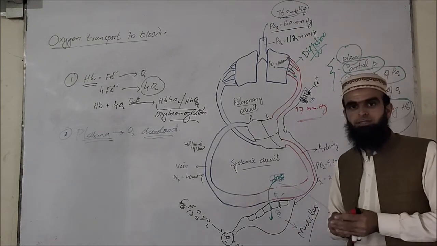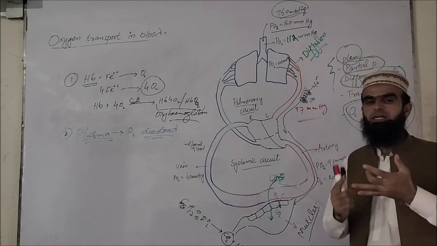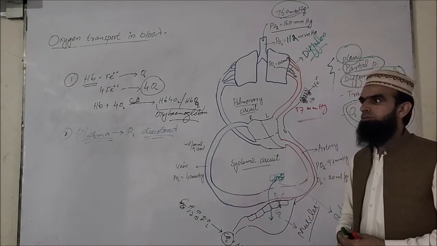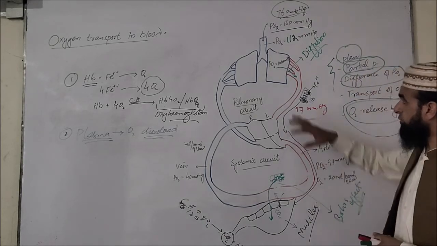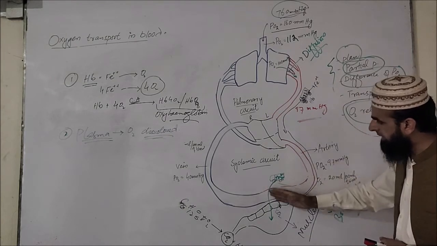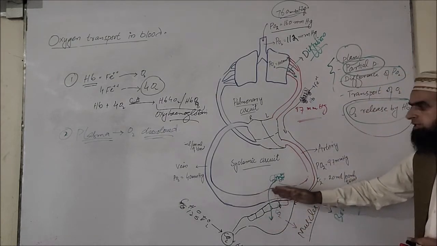I will try my best to make a separate video on Bohr's effect and Haldane effect, so that you people will be clear about that. Okay, so this is about the taking up of oxygen, the transport of oxygen, and then the release of the oxygen from the hemoglobin.